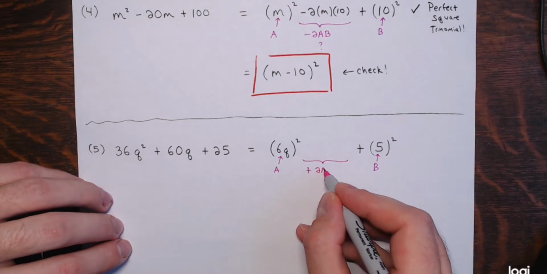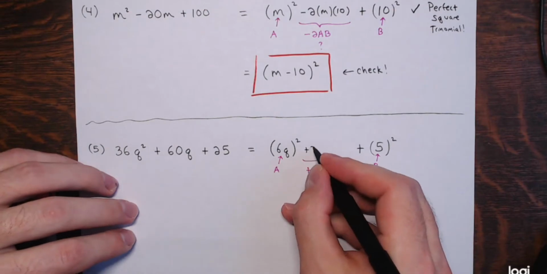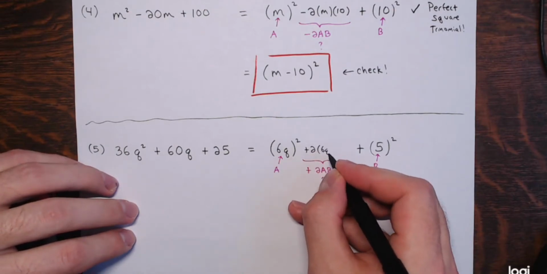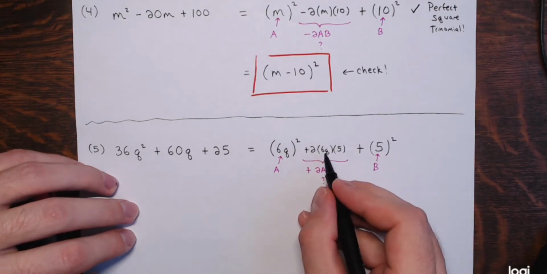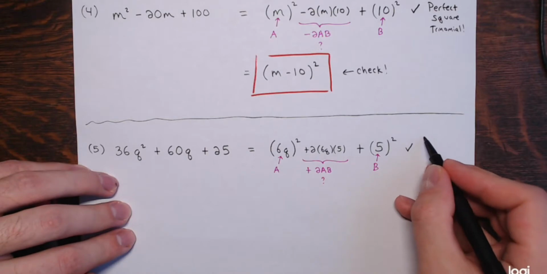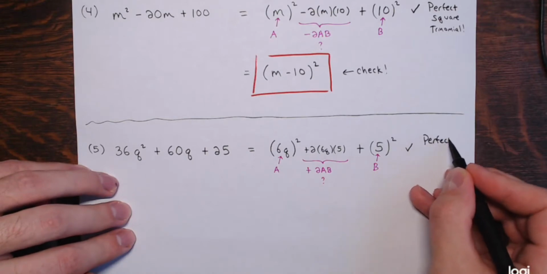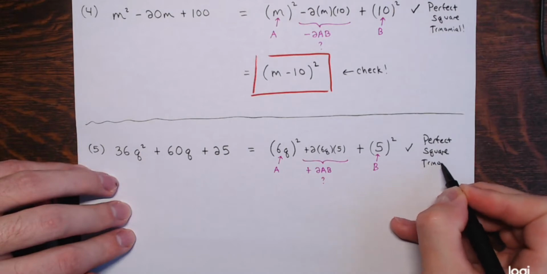Let's ask that question. So we go plus 2 times, the 6q was what I called a, and then b was 5. That's 12q times 5, that's 60q. This is 60q, so yes, this expression is a perfect square trinomial.